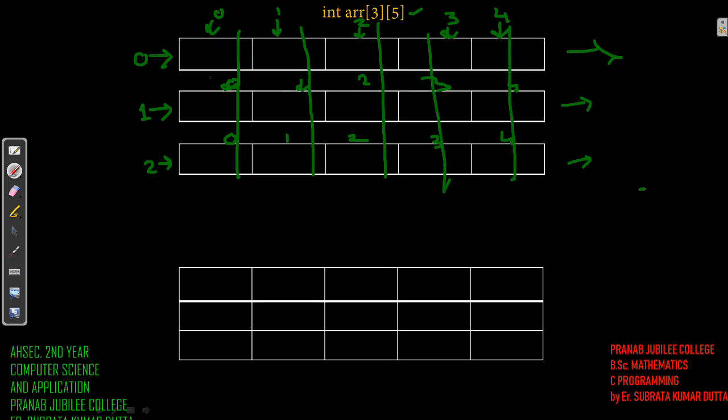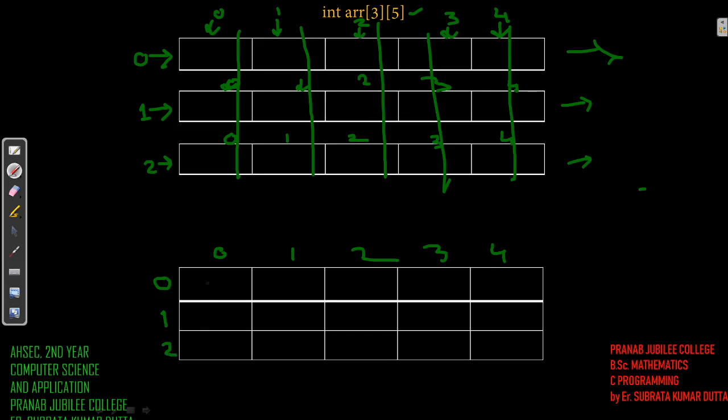And here the whole first array is 0, the second array is 1, the third array is 2. So we can directly represent the columns as 0, 1, 2, 3, 4, and the rows as 0, 1, 2.